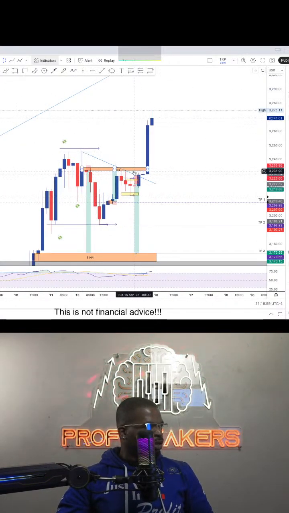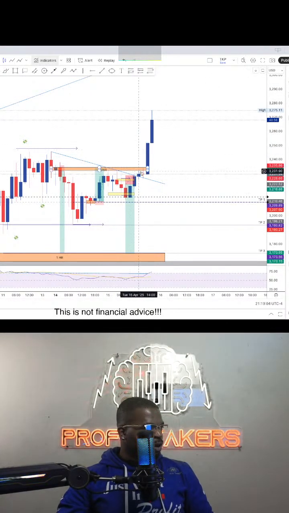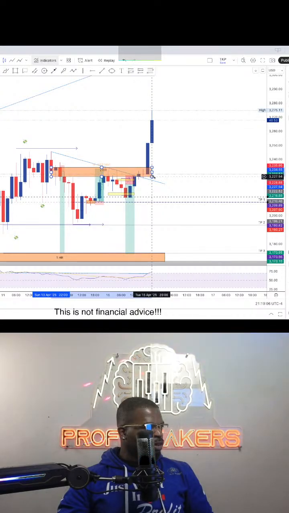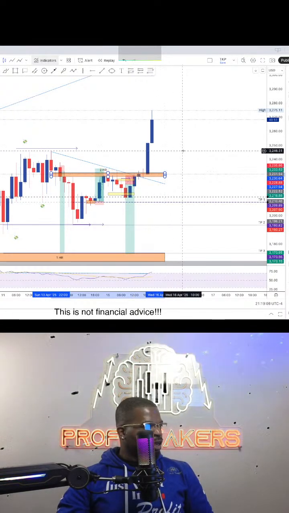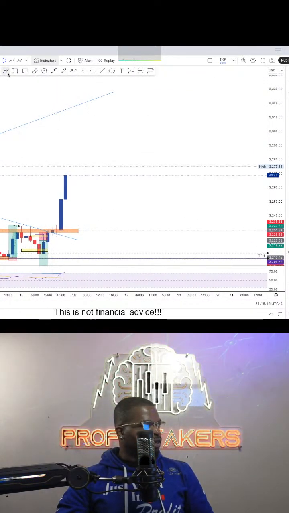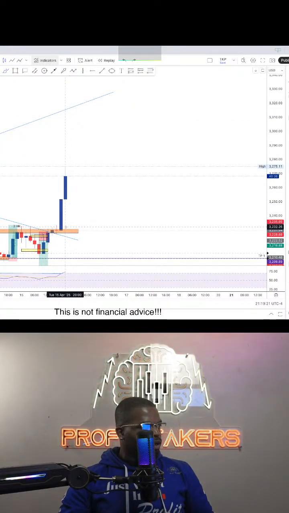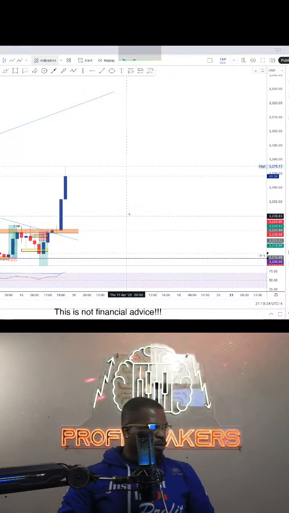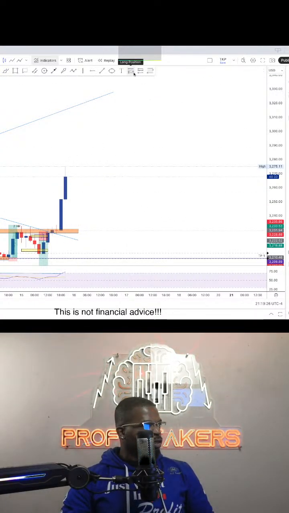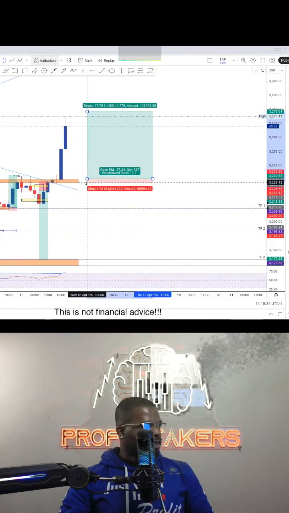Now this level right here that was broken. What time frame is that? Oh, right here, 2 hour. So right here on the 2 hour, if this thing happens to pull back before we reach our target area, which is the retest of our trend line, boom, boom, we're going to take this buy right here. So let's see what happens during London.